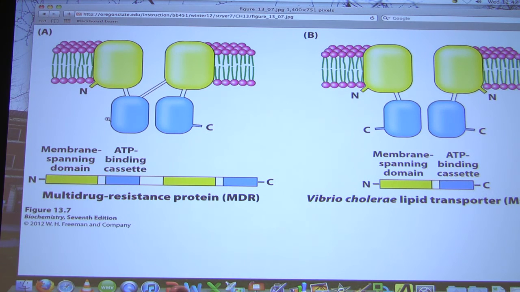The same thing happens in our bodies with some types of chemotherapy. The chemotherapeutic drugs that we give are very good at killing cells, but cancer cells that figure out this is the thing that's killing me, let's pump it all out, become resistant as a result. So multidrug resistance protein is a very important ABC type transporter.